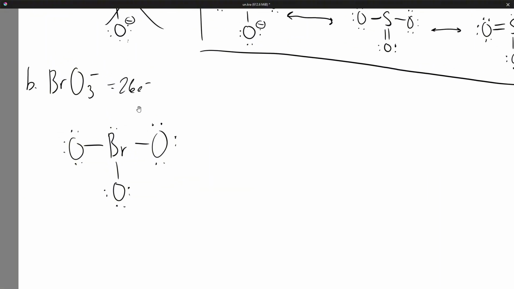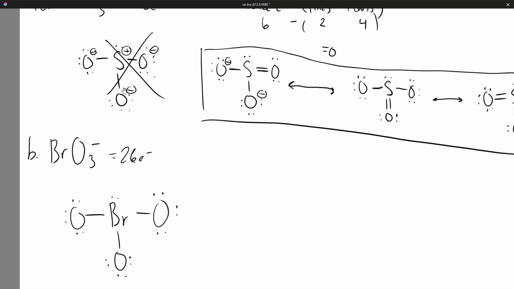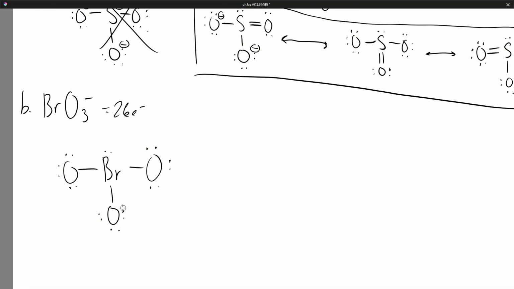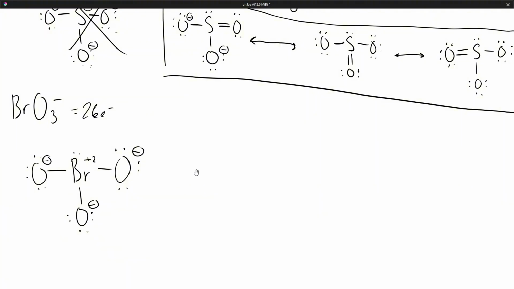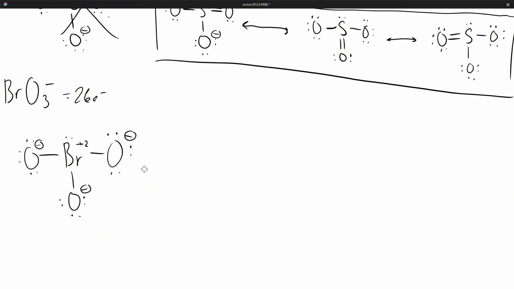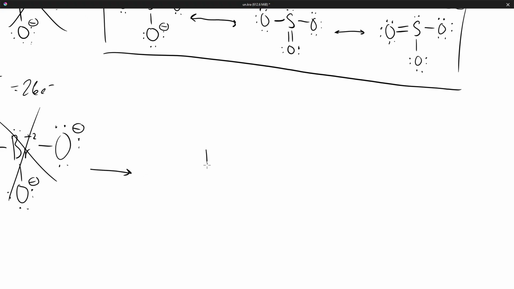But like A, we don't want each atom to have a formal charge. We want the least amount of atoms in the molecule to have a formal charge, which is why we don't do this. We do this instead.